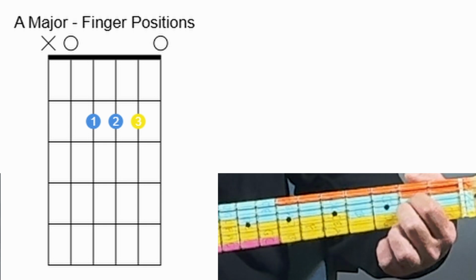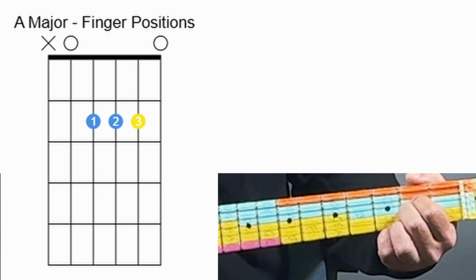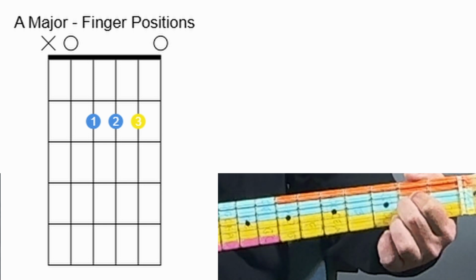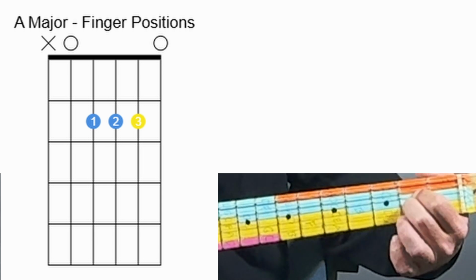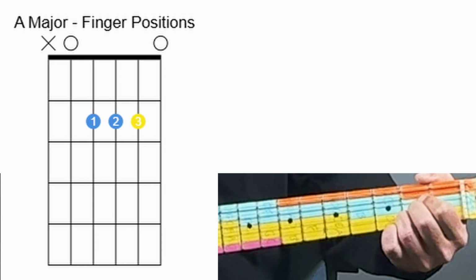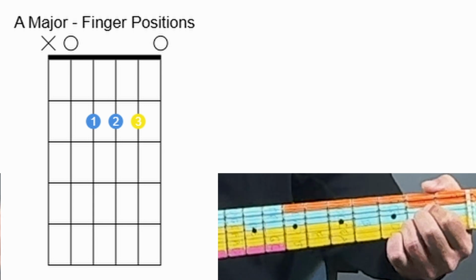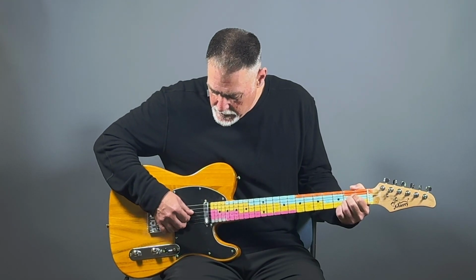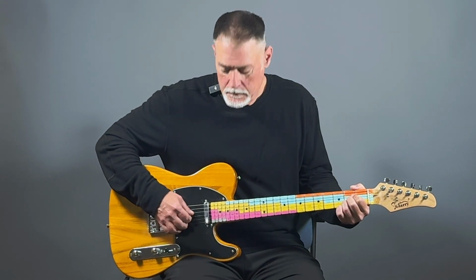Take your second finger, place it on the G string at the 2nd fret, and take your third finger and place it on the B string at the 3rd fret. If you play only these 3 notes, you will have an A major chord.